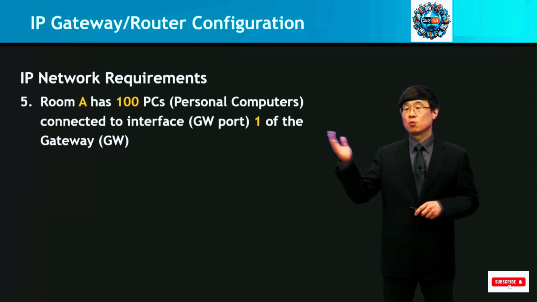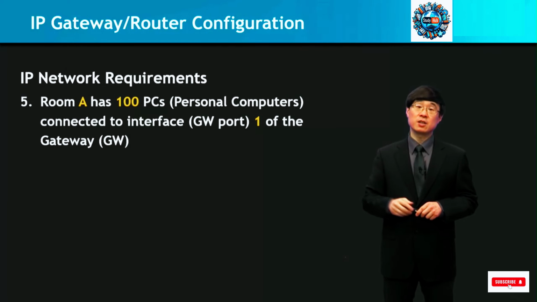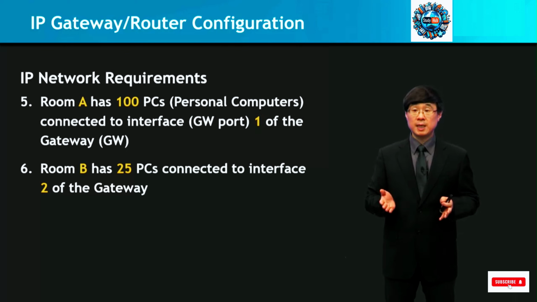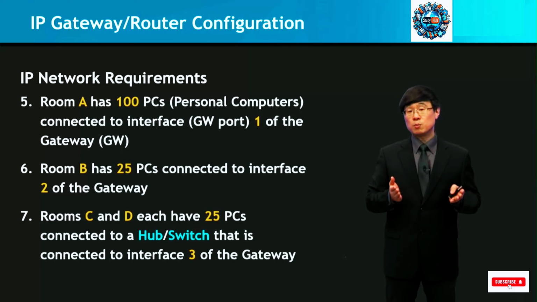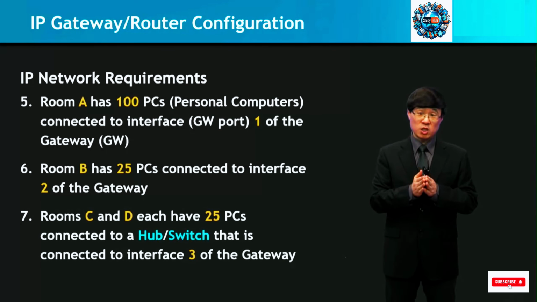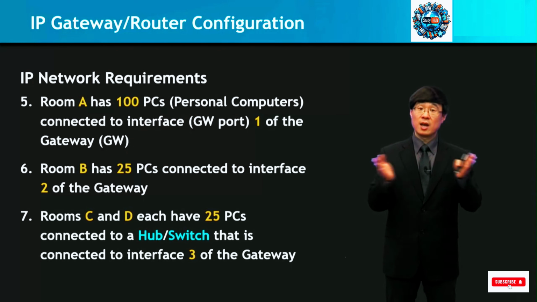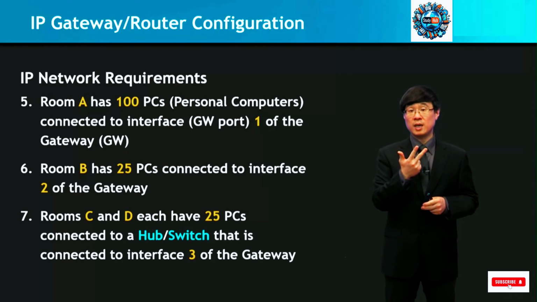In addition, room A has 100 computers and connects to interface number 1 of the gateway. Room B has 25 computers and connects to interface port number 2 of the gateway. Rooms C and D are connected to a hub and switch, each having 25 computers, and they connect to interface 3 of the gateway.